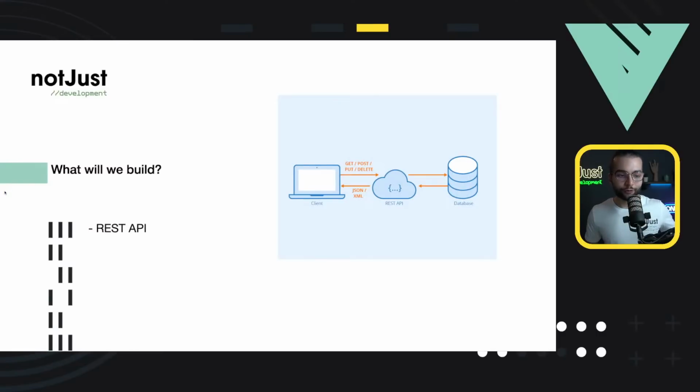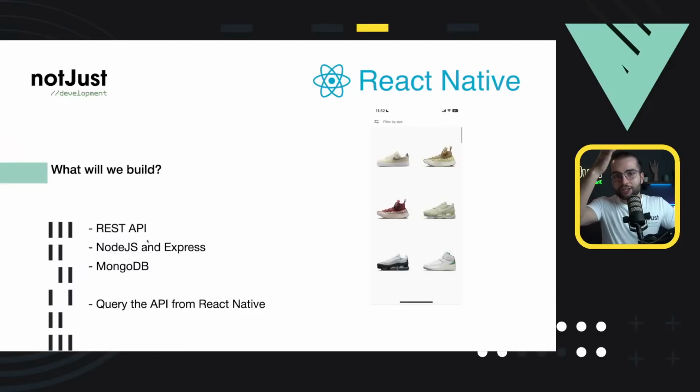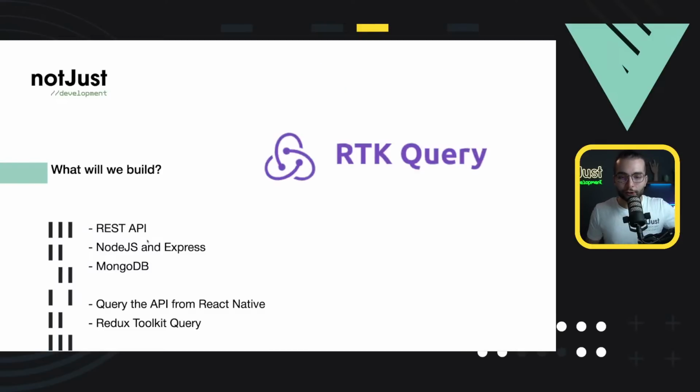We have now finished the first part, including building the REST API using Node.js, Express, and MongoDB. We have 4 main endpoints: get all products, get product by ID, create order, and get order by reference. With these 4 endpoints, we are ready to move to the second part of the tutorial, where we will query the API from React Native using Redux Toolkit Query.